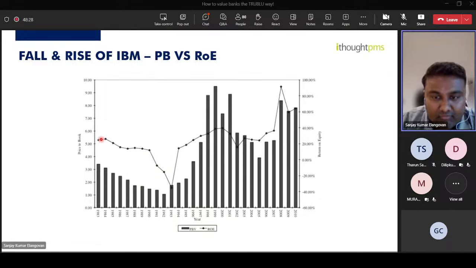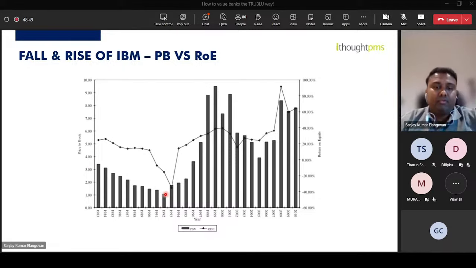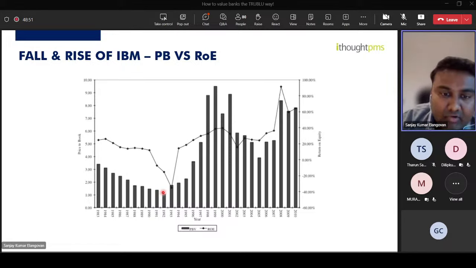From a peak of roughly 25% ROE, IBM's ROE fell below 0%. They were into losses in these 3 years, 1991 to 1993. And the price to book fell from, say, 3.5 times to as low as 1x. So the best time to buy IBM was when it was making losses or trading at 1 to 2 times price to book, not here.